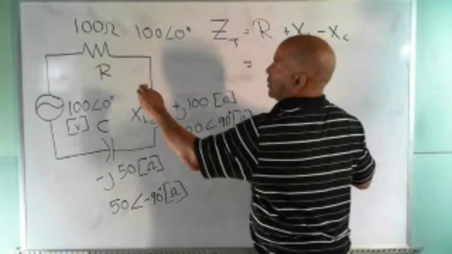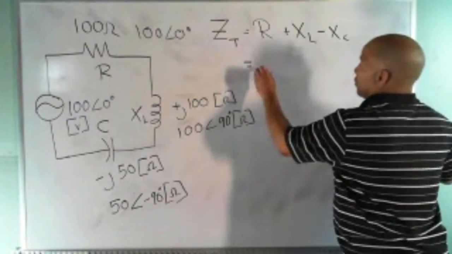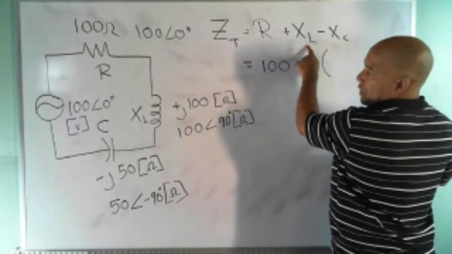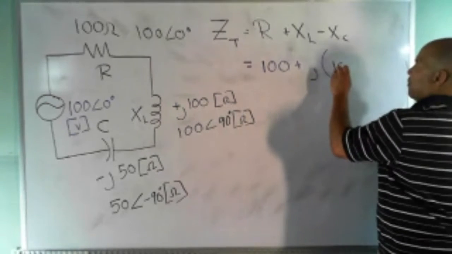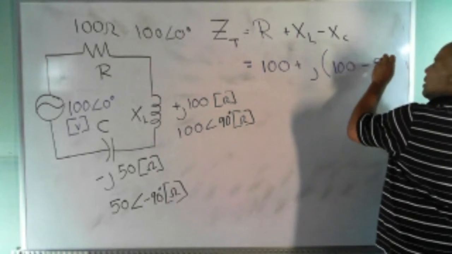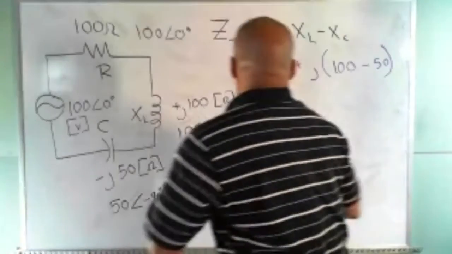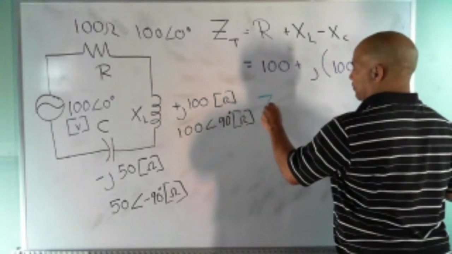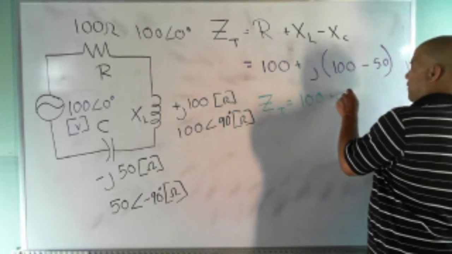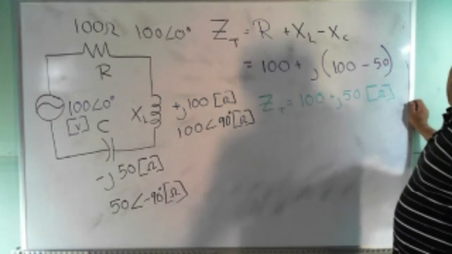Notice I'm adding now, so I'm using all my rectangular forms that I have written here. So R is 100 plus XL, which is 100, plus XC, which is minus 50. So then I end up with ZT equals 100 plus J50, and my units would be ohms. So there's my total impedance.